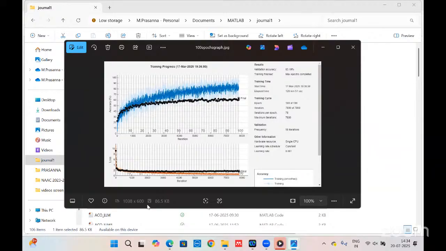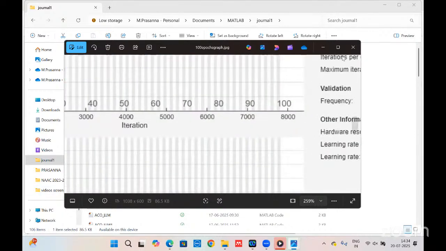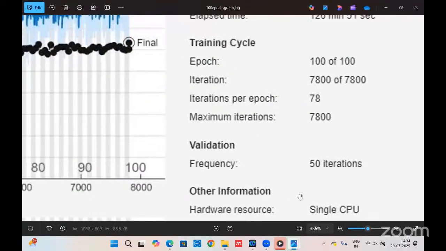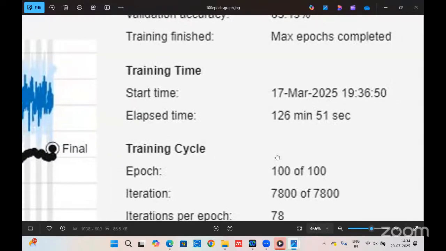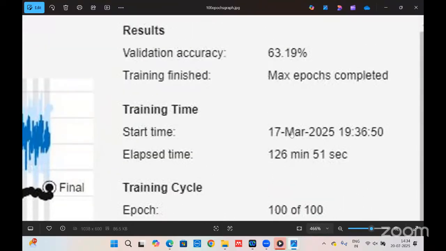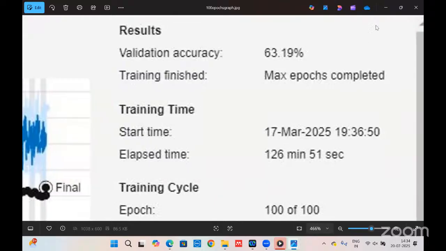Okay, you can see the date. I will show you the date. Is the date visible? This is the 17th month, and this is the 60% accuracy.